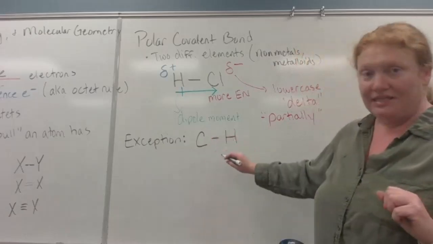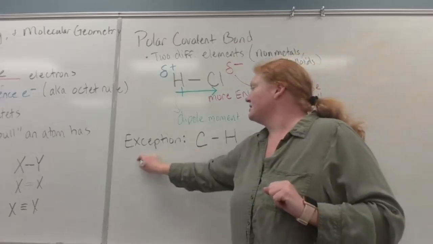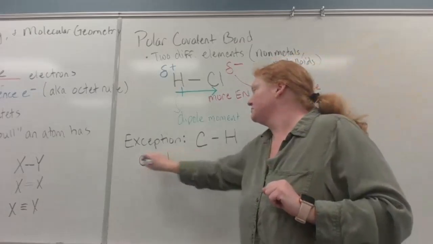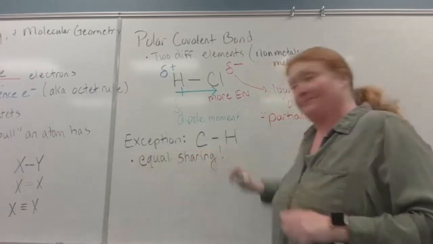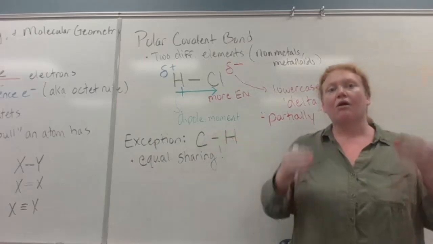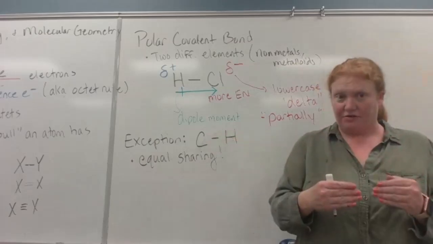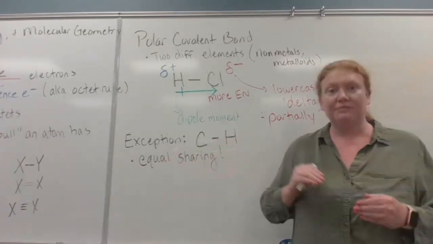A carbon-hydrogen bond is not polar. There is equal sharing here. Their electronegativity values are close enough to each other that one does not pull more than the other one.